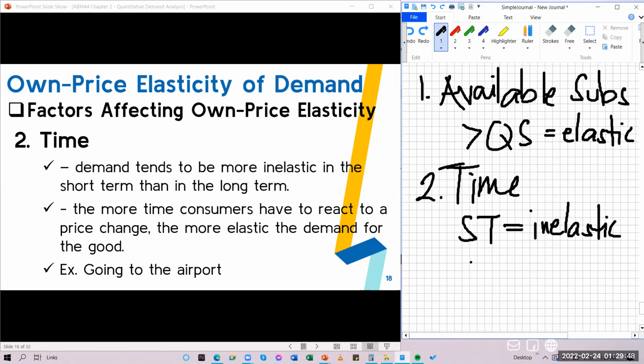So the more consumers react to a price change, the more elastic the demand for the good is.